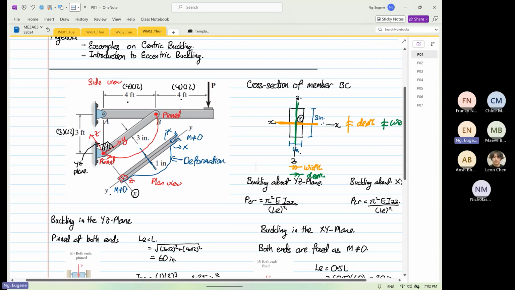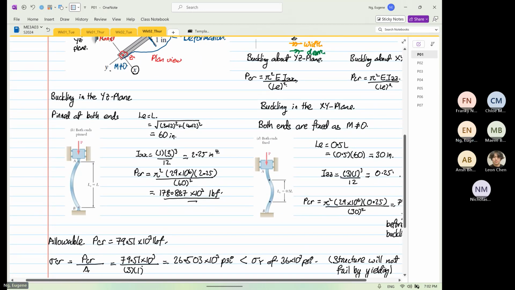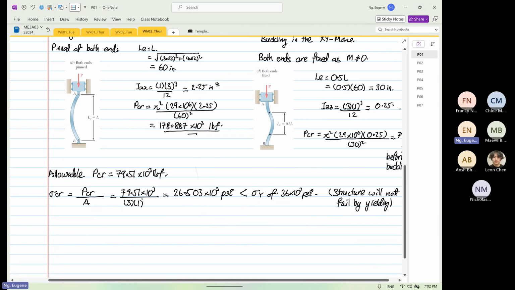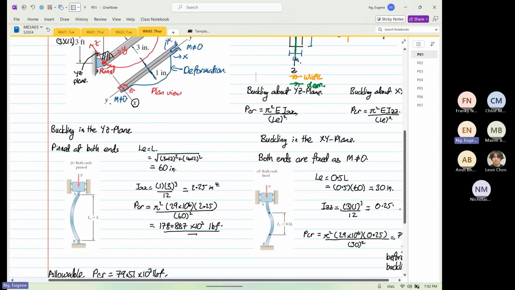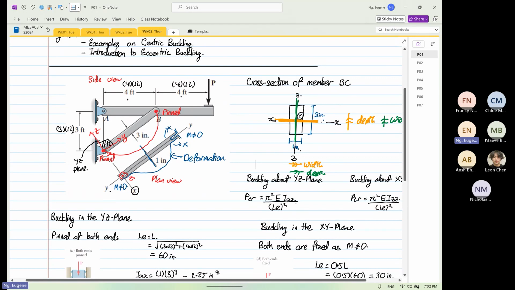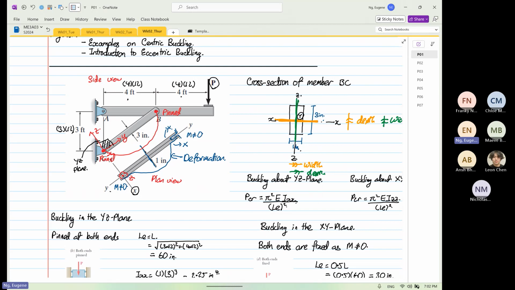Last Tuesday, we did this question, and I have not finished it yet. Where we did up to, the objective of this question is to determine the value P, and how much P can take is dependent on the member which will fail by buckling, member BC.